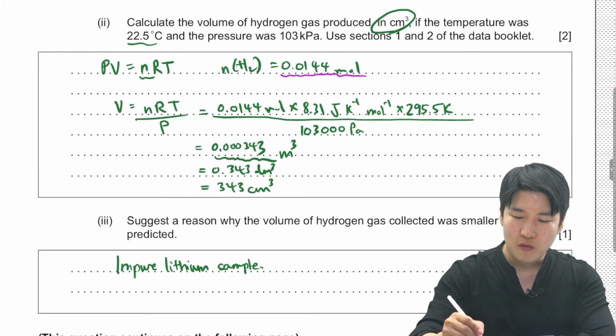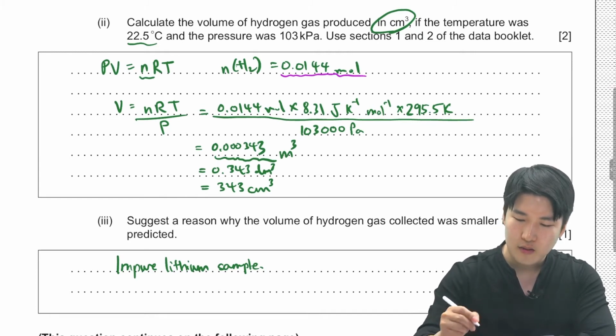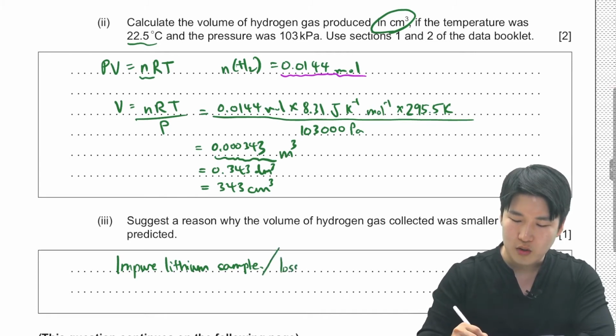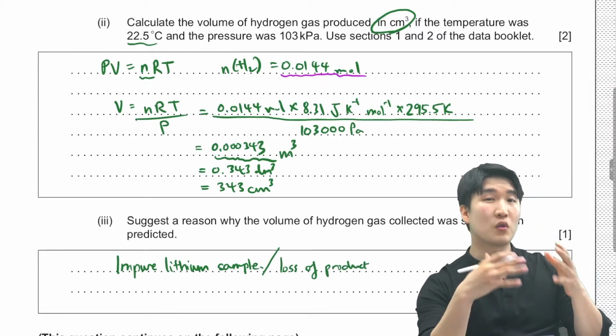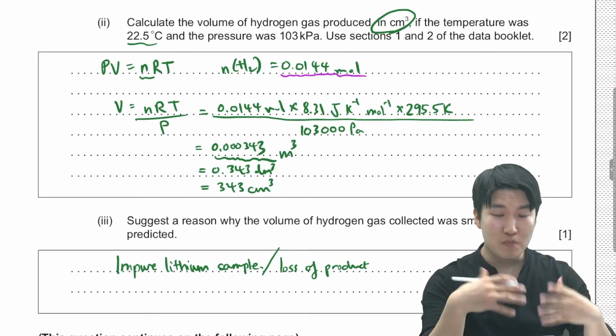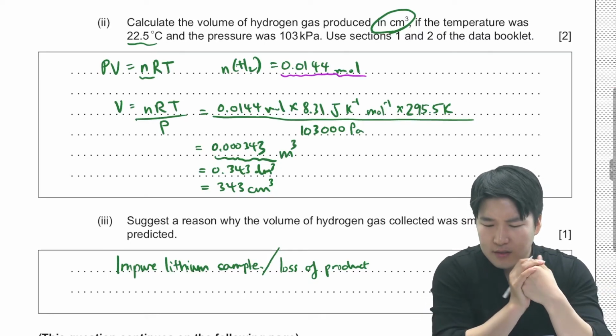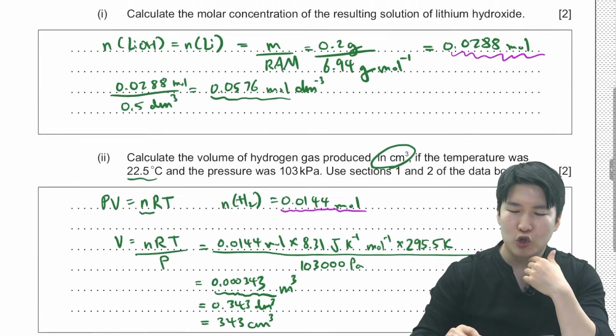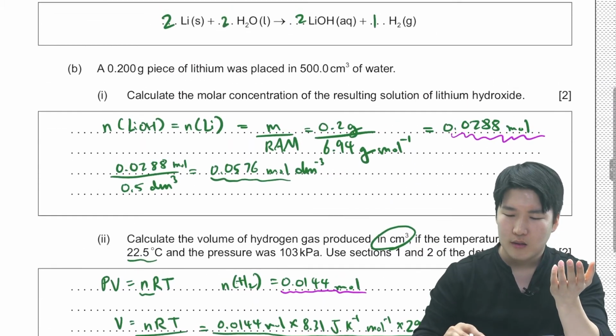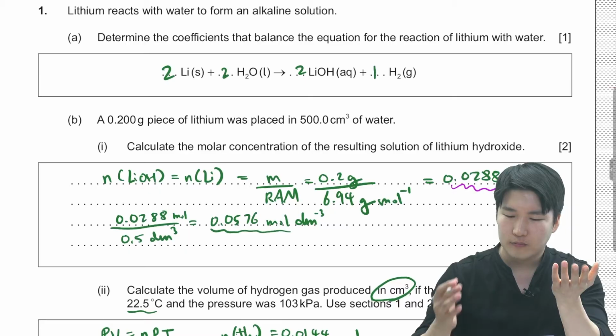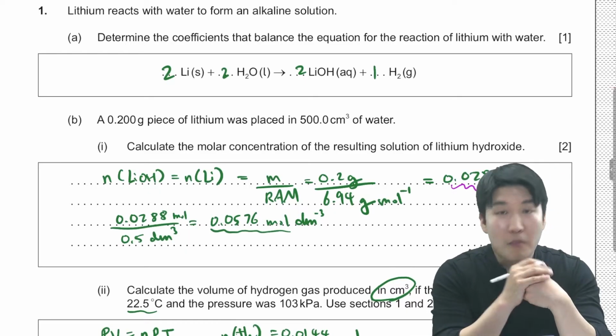I can think of another reason: loss of product. Maybe we have not successfully captured the hydrogen produced. Could be an answer. Maybe hydrogen gas has been used in combustion.